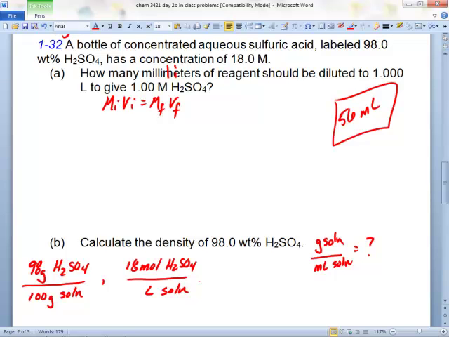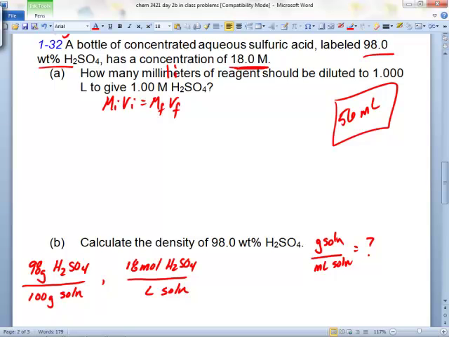Just convert the liters to mils. But then you're going to have to mess with him, but that'd be a starting point. Or you could start here and flip him. What's that? No, they said it's 98 weight percent. And look up on top. It says 98 weight percent has a concentration of 18 molar.